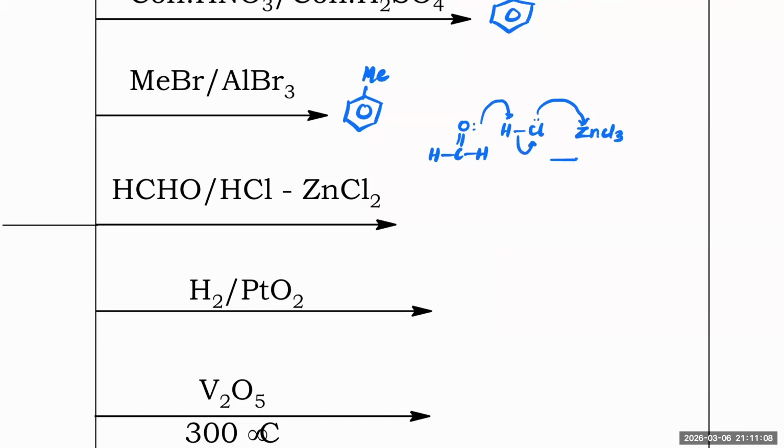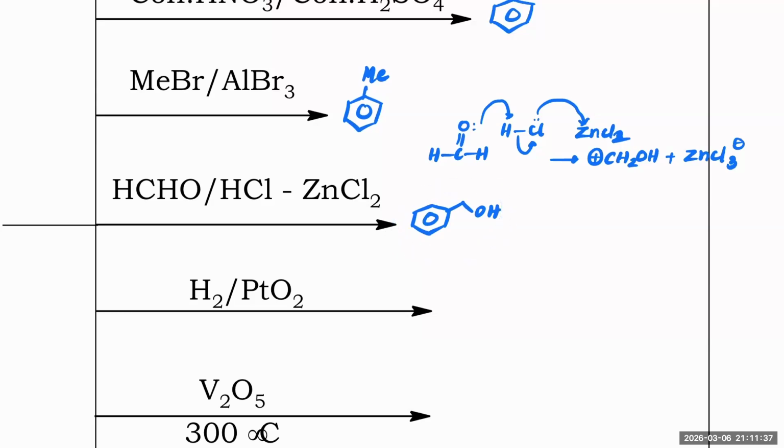So basically what you're getting here is CH2OH with a plus charge on carbon, with ZnCl3 minus. This is the way you will get. So carbon has a positive charge on which benzene will attach. Hence, that will convert into CH2OH. Clear? So basically, it's an alcohol formation.